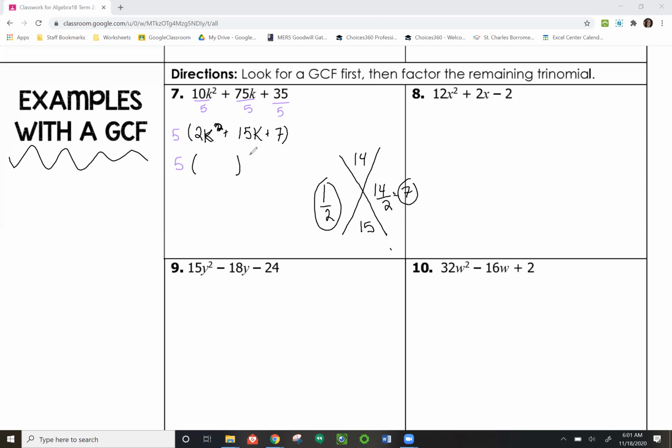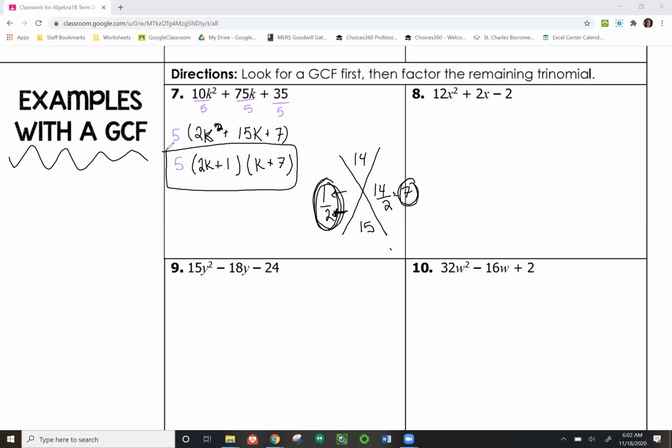And then my quadratic is going to factor into two binomials. The first one, I'm going to start with the 1/2. You begin with the 2, 2k, then we have a positive 1, plus 1. And then here we've got a whole number, so we're just going to start with k plus 7. Okay, and now you are factored.